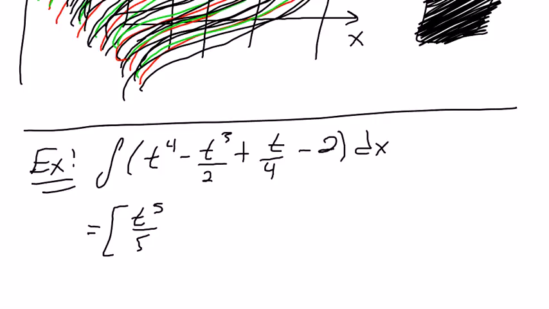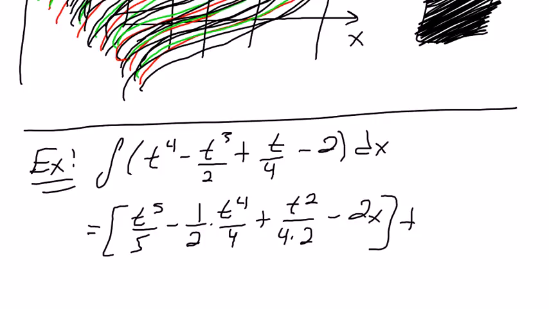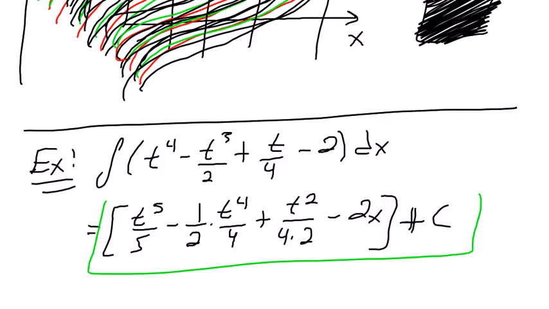You guys know how to take antiderivatives at this point in time. All you have to do is add your constant of integration. And that's simply your answer. That's how you solve for indefinite integrals.